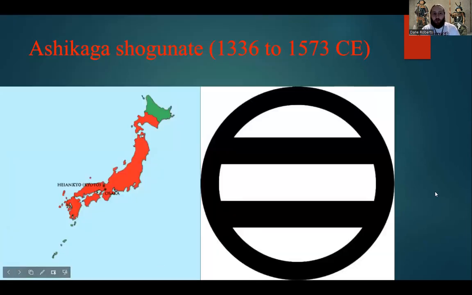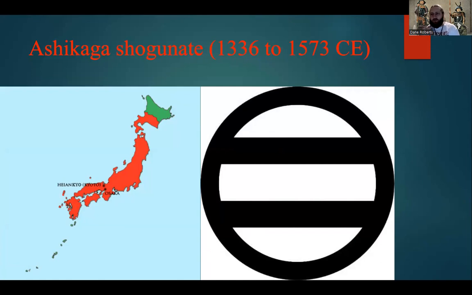Okay, so before the Sengoku period, Japan was unified by the Ashikaga shogunate, a shogunate that was founded in 1336 to 1573 CE.